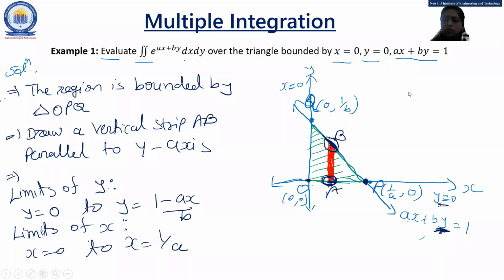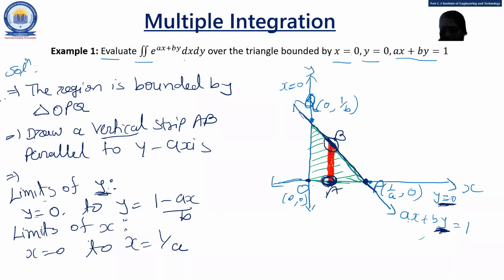See, again I'm repeating the limit of y and x. Listen carefully, students. Here I have taken a vertical strip that is parallel to y. So first I am taking the limit of y because I have chosen a vertical strip. The starting point is the x-axis, which means y = 0. For the ending point, this red strip ends on this line, right?